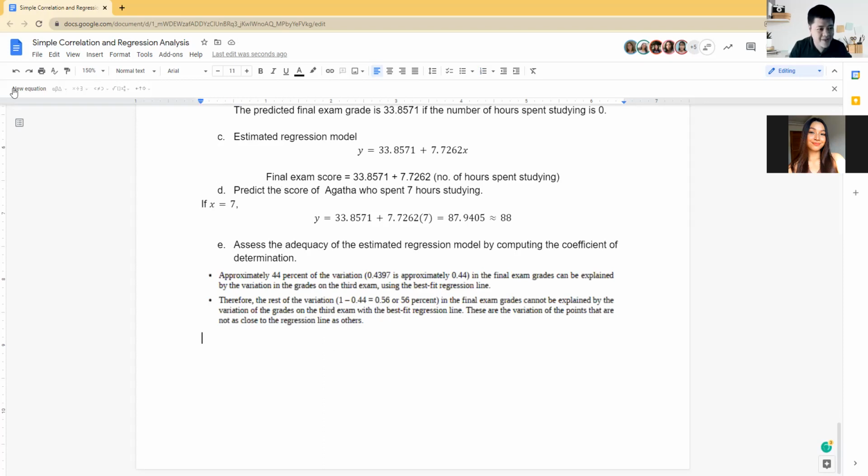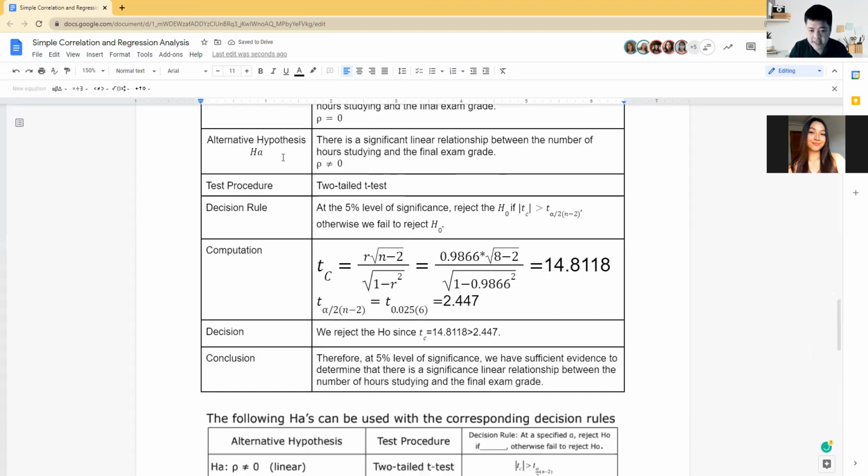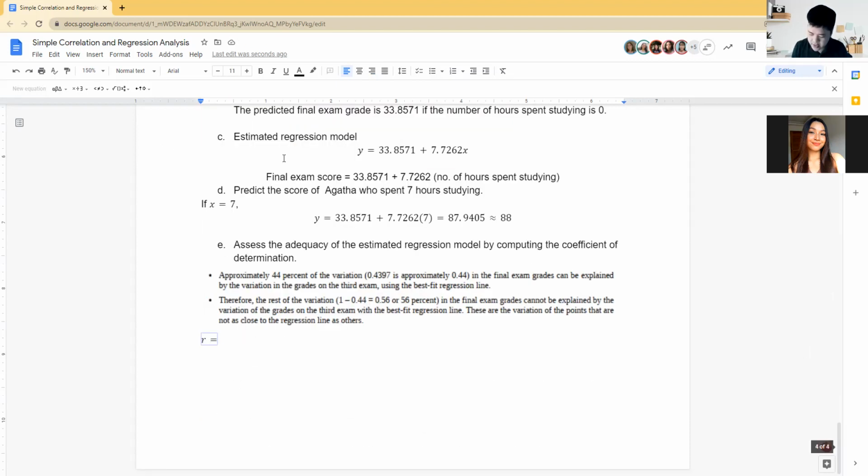So our r here, what's our r again? It's 0.9866 now. So what will be our r squared? Somebody please compute for r squared. Square lang natin yung 0.9866.